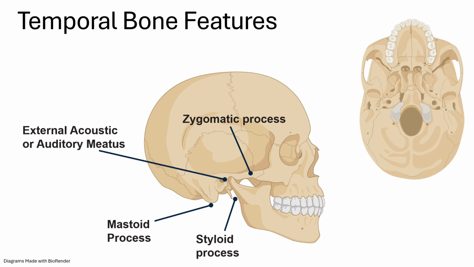The temporal bone is the orange bone in the picture on the right, and the process, which is called the zygomatic process, comes off the temporal bone and connects with your zygomatic bone, which is the cheekbone. So the process is not named for the bone from which it originates, but it's named for the bone with which it articulates or connects. Don't worry, we'll see this again.